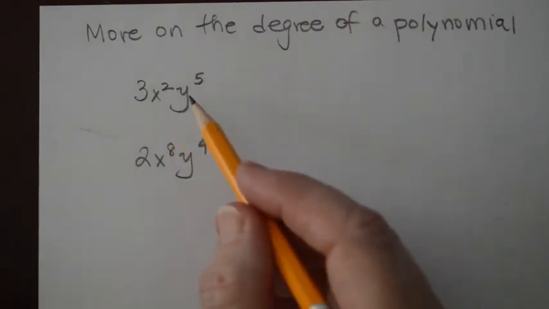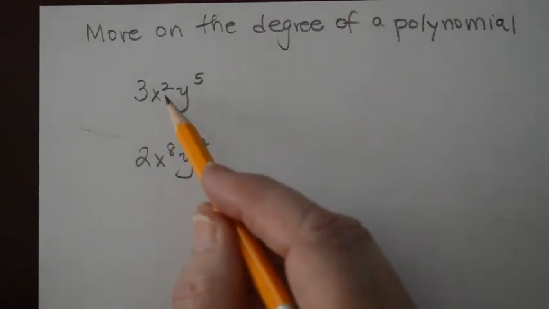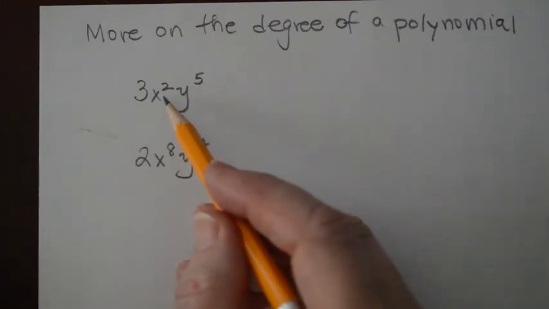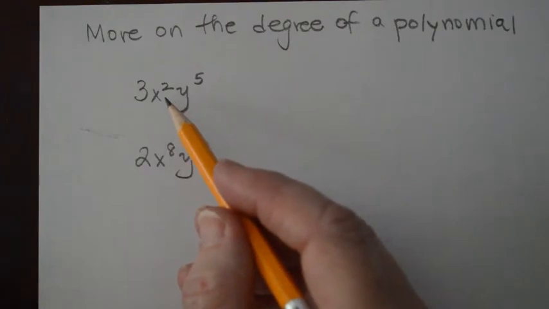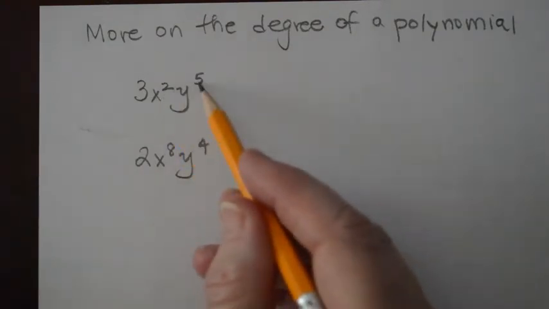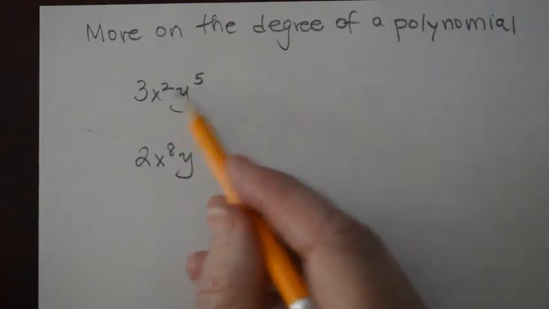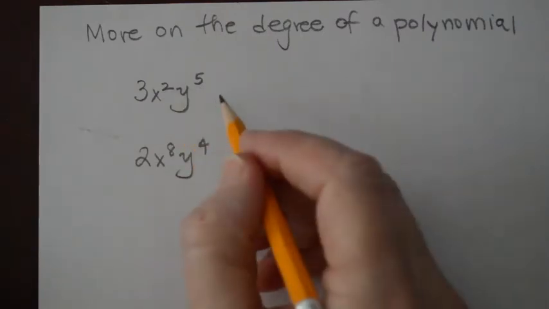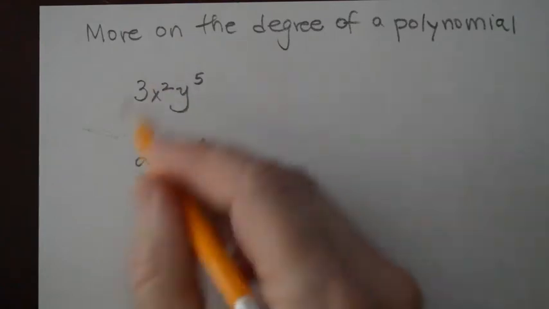And so in order to say the degree, you might say, well, do we pick the higher one? Would we pick 5? Would we pick the x, since that's the variable that we use more often? The answer is no. What we do is we add the exponents together to get the degree of the polynomial. So this one, and we're just going to talk about terms right now.